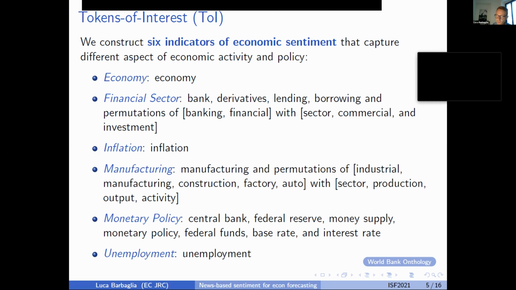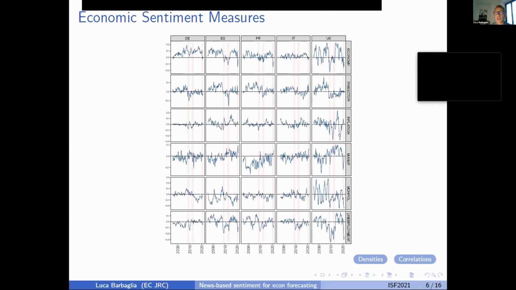So if we compute these 6 indicators for the different countries that we have, here is the plot that appears. We have on the x-axis the different countries, on the y-axis the different sentiment measures. As you can see, different sentiment indicators capture different things. We have very procyclical indicators, for instance, like the economy one or the unemployment one, which captures the 3 crises that we have in our sample for Europe.